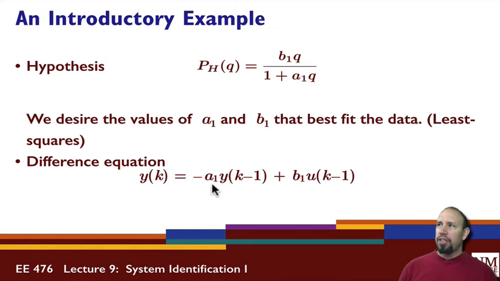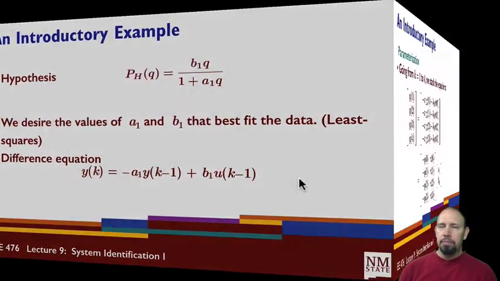This is our hypothesis in the time domain, and that's why we need to go to this, because our data is in the time domain. Now I want to use the data with this hypothesis to solve for the unknown coefficients A1 and B1.